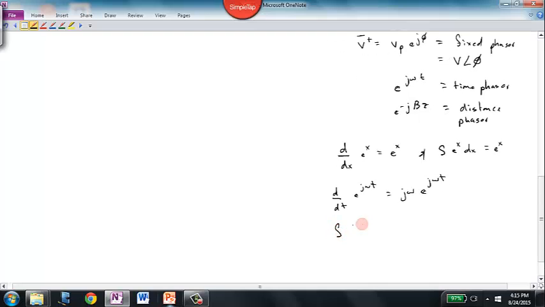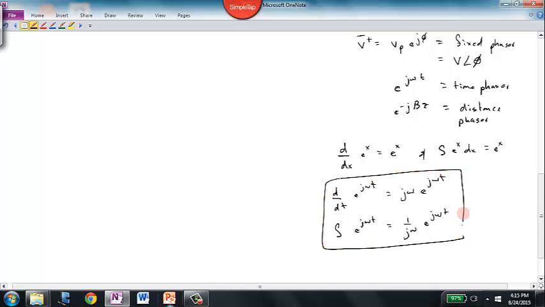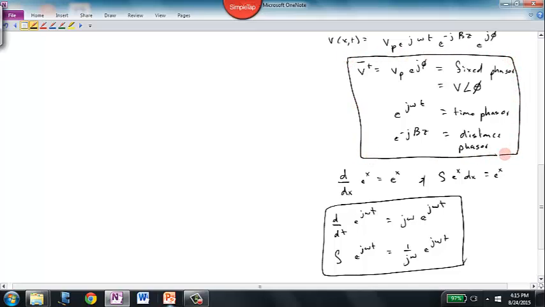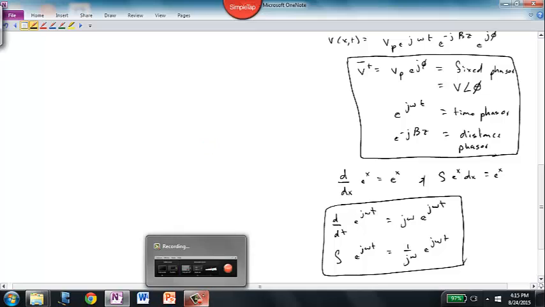Similarly, the integral of e to the j omega t is 1 over j omega times e to the j omega t. This is a very powerful tool in electromagnetics, as is the phasor representation of the voltage, current, electric field, or magnetic field.